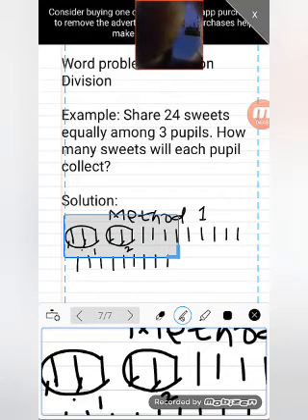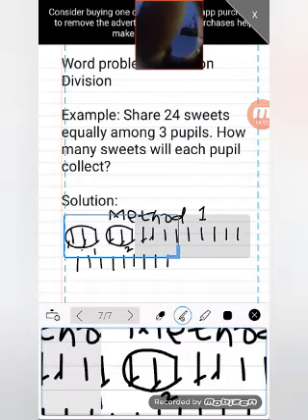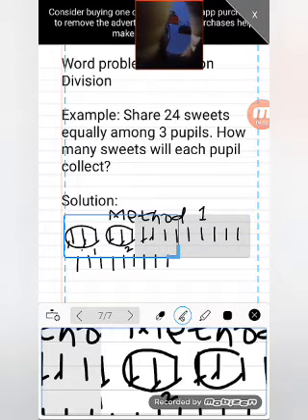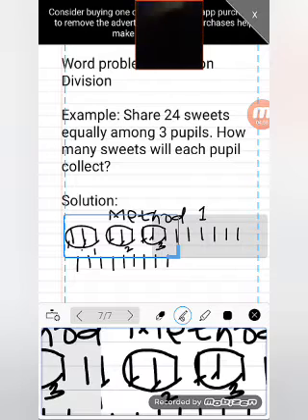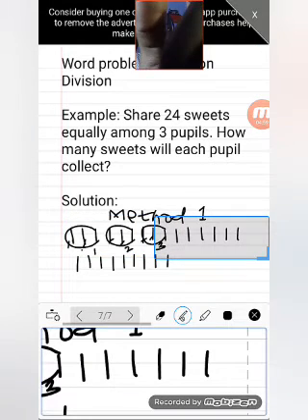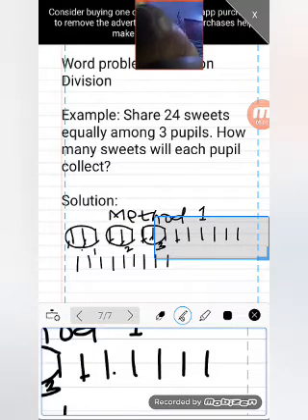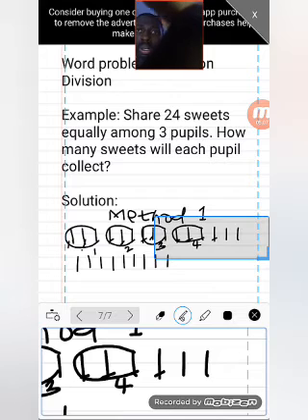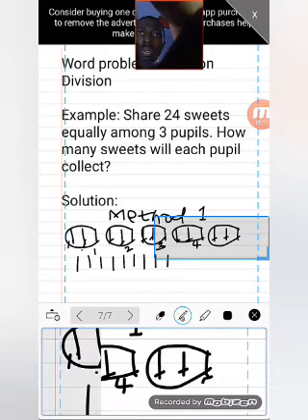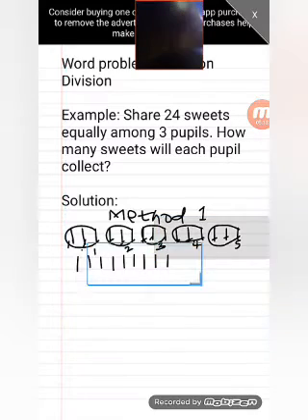Then 1, 2, 3, 3. 1, 2, 3, 4. 1, 2, 3, 5.